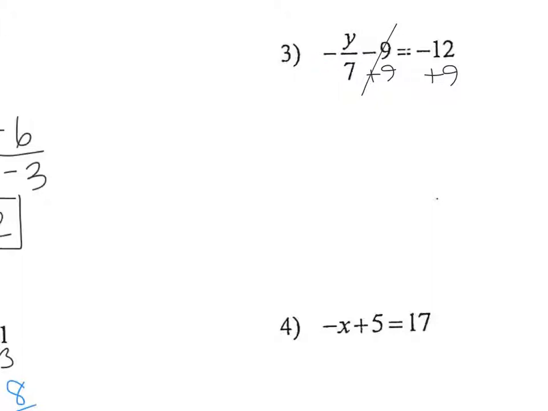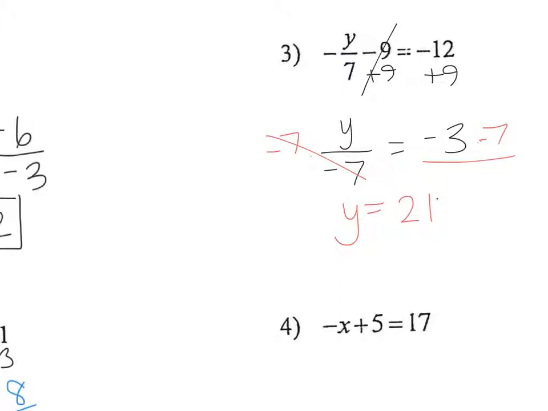But it's easier for me to think of it as y divided by negative 7 equals negative 3. So now, to solve for y, I multiply both sides by negative 7. So this cancels out. y equals negative 3 times negative 7, which is positive 21.